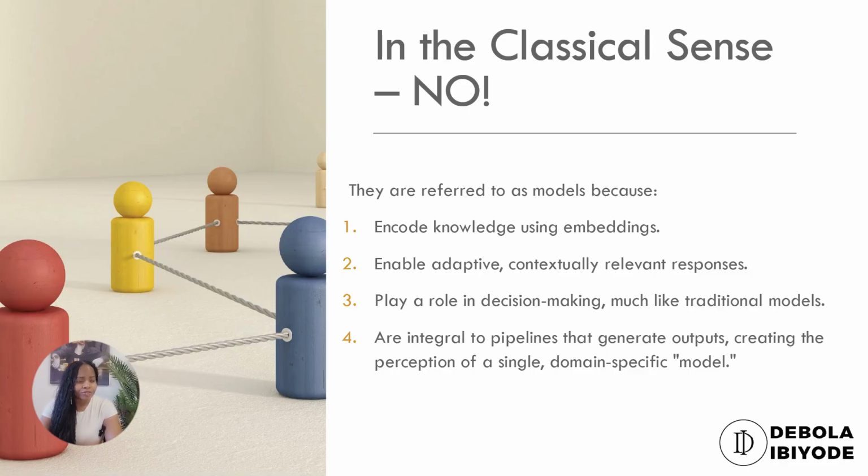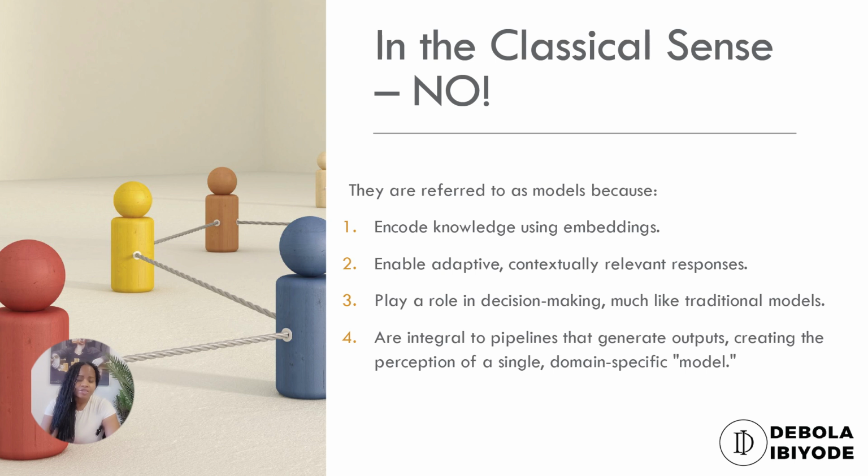Now, I feel people refer to RAG indexes as RAG models because they can encode knowledge using embeddings. What are embeddings? A mathematical representation of data. And that is similar to what an AI model does. Remember, I said AI models are mathematical representations of systems, processes, or tasks that are trained on data.